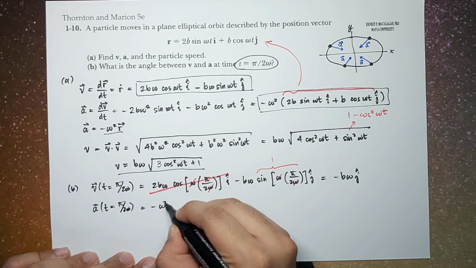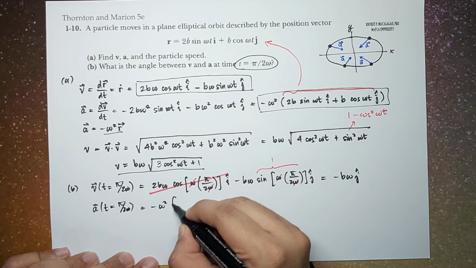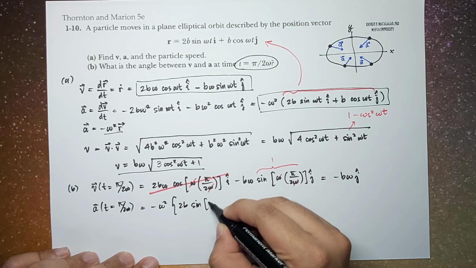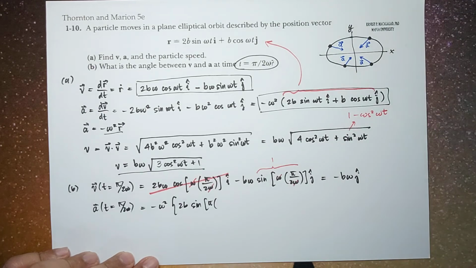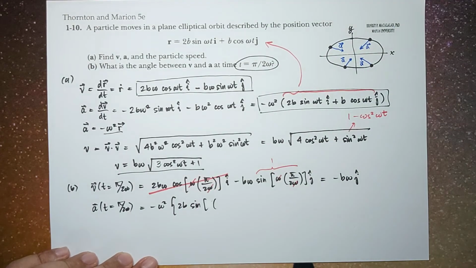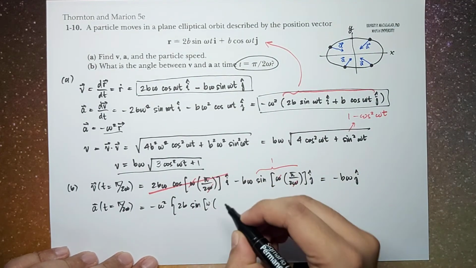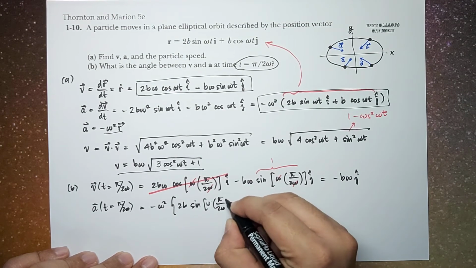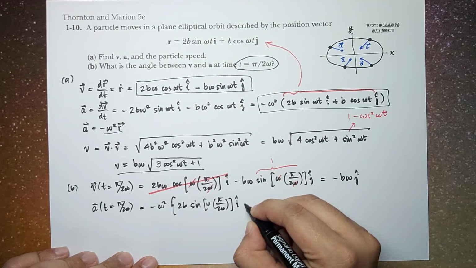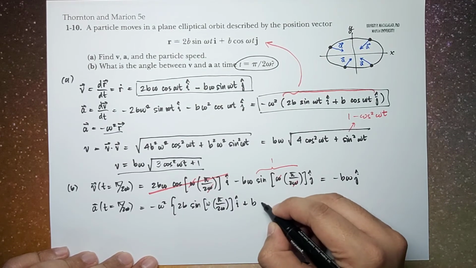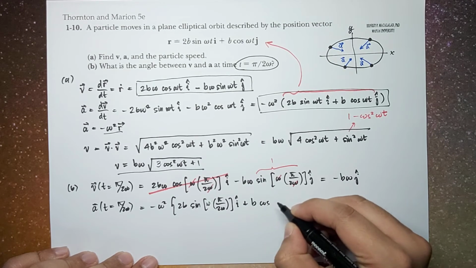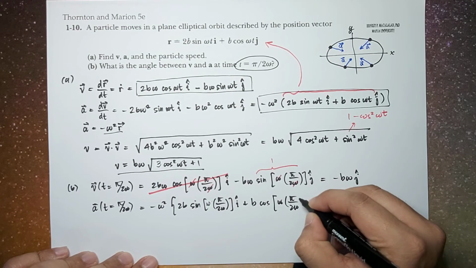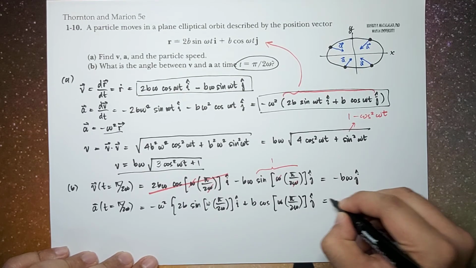So this is negative omega squared times 2b sine of omega times pi over 2 omega i hat plus b cosine of omega times pi over 2 omega j hat.